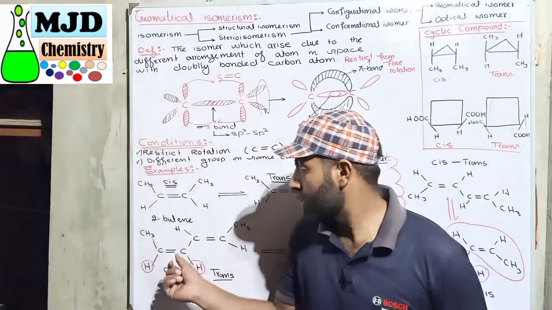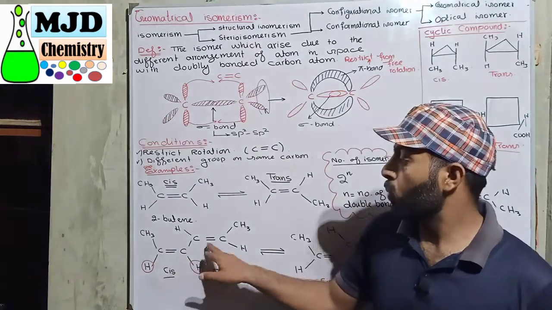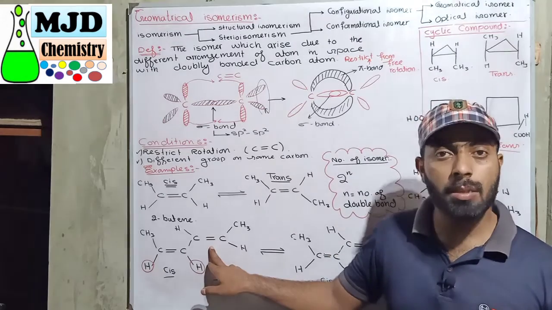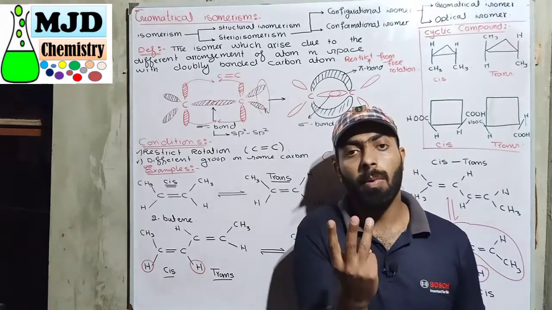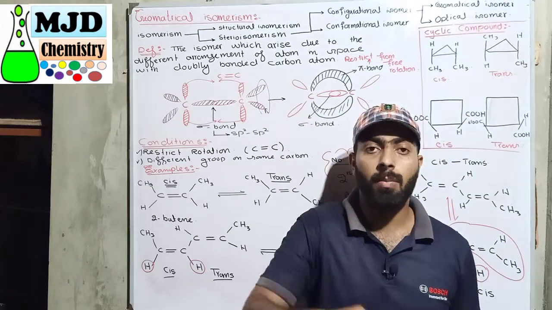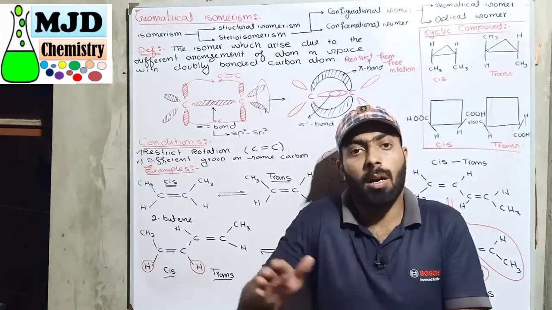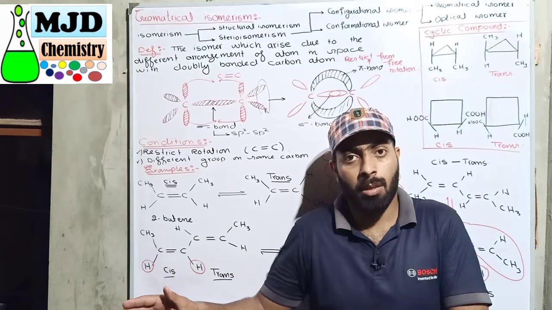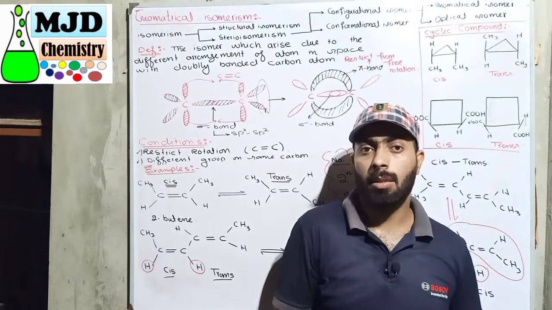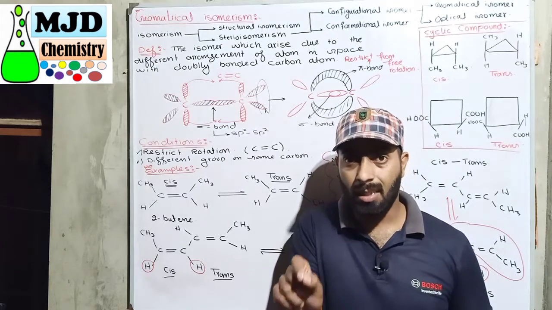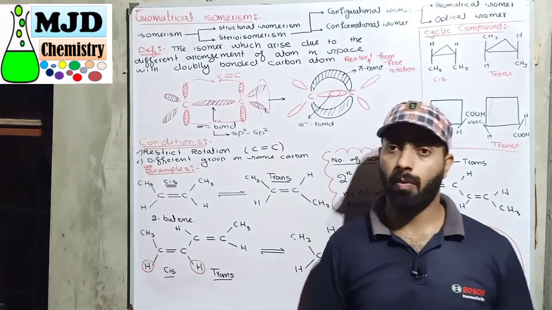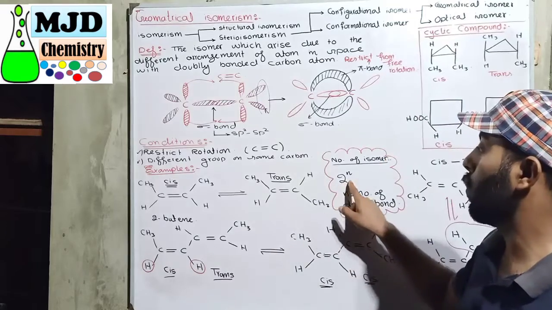Here we said that only two double bonds are present in the same molecule. If three double bonds are present in the same molecule, how many isomers arise? Will you guess? For this, we use a formula, 2 to the power n.